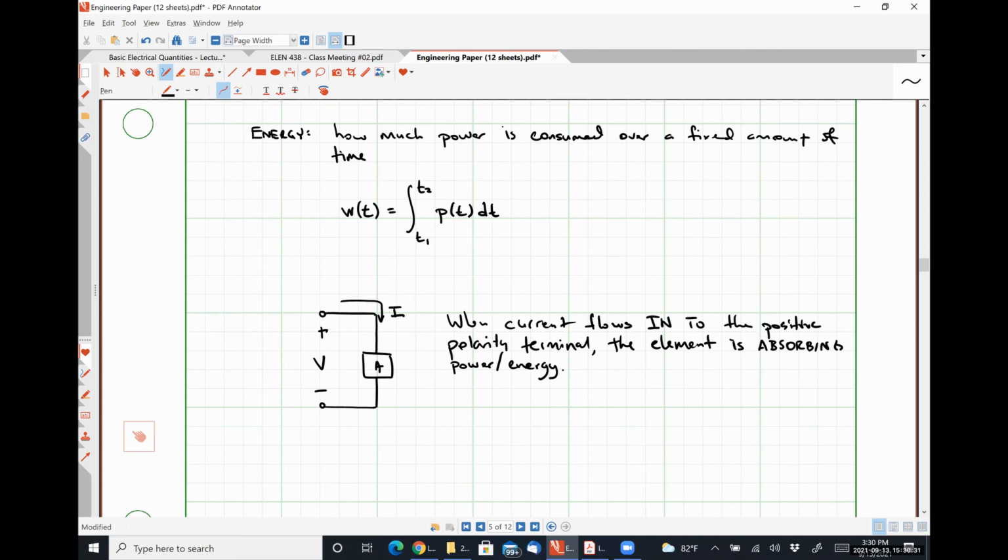Okay. So this is true regardless of whether or not the voltage and current magnitudes are positive or negative. Okay.